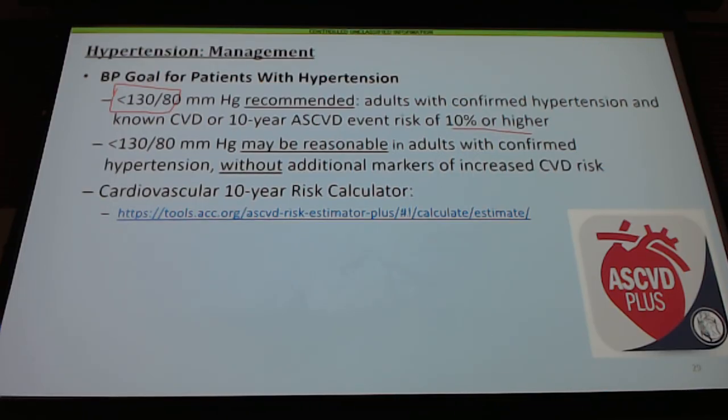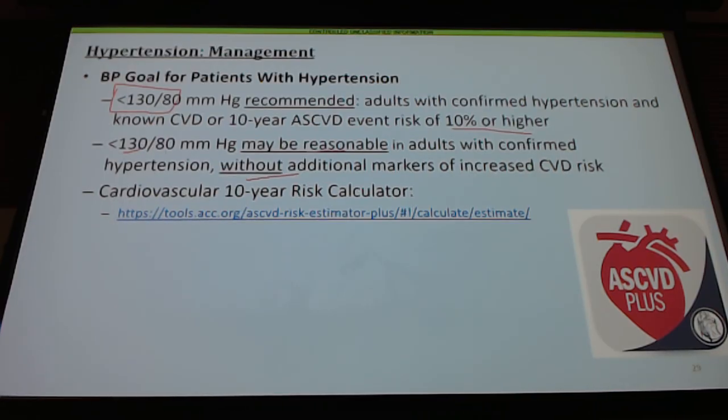If they have a 10-year ASCVD risk that's less than 10%, and they don't have any additional risk markers, then it's reasonable to have them less than 130/80. So it's not a recommendation, it's just, hey, maybe you could. If you already are on one medication and you're at 132/81, do you need to add a second medication?